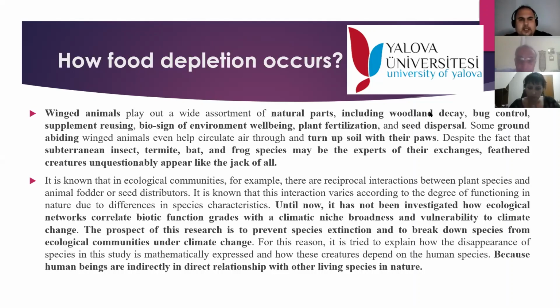Until now, there is a lot of literature and many studies that investigated how ecological networks correlate with biotic function, with climatic niche broadness and vulnerability to climate change. So food sources are directly related to these kinds of key animals, because human beings are indirectly in relationship with other living species in nature.